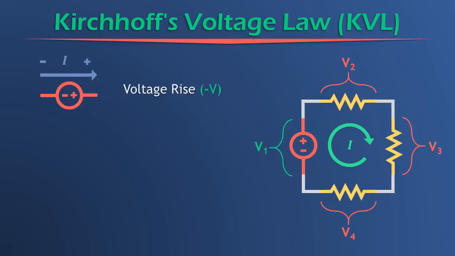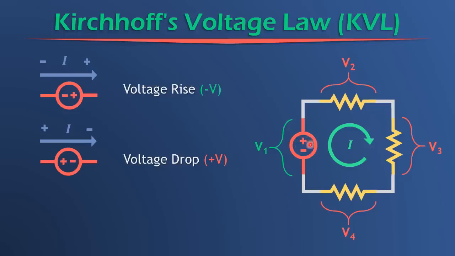And now, if we had a voltage source in the same place here, except we had the positive and the negative switched, and we went through that voltage source from positive to negative, then we would have a voltage drop. And in a KVL equation, a voltage drop is a positive V. And then as we keep going along and we go through all these resistors right here, all these resistors will have a voltage drop because they are resistors, and resistors always have voltage drops, and that's a plus V.